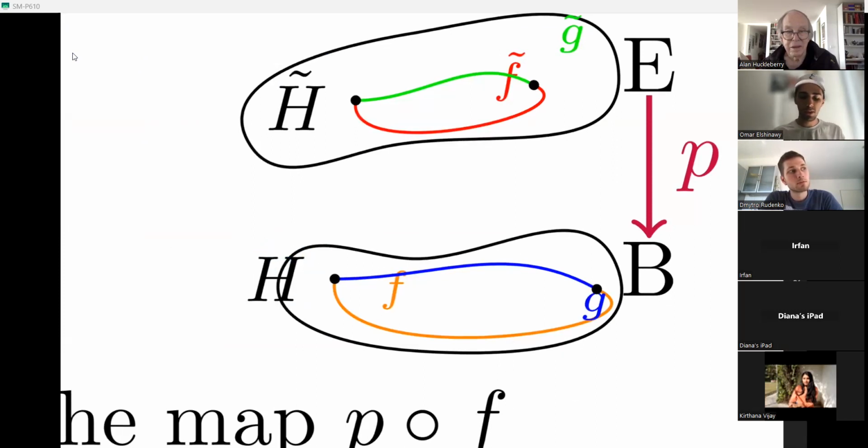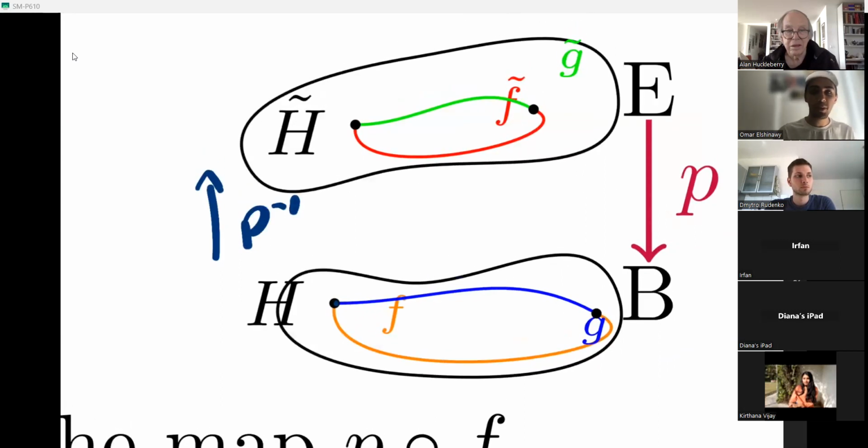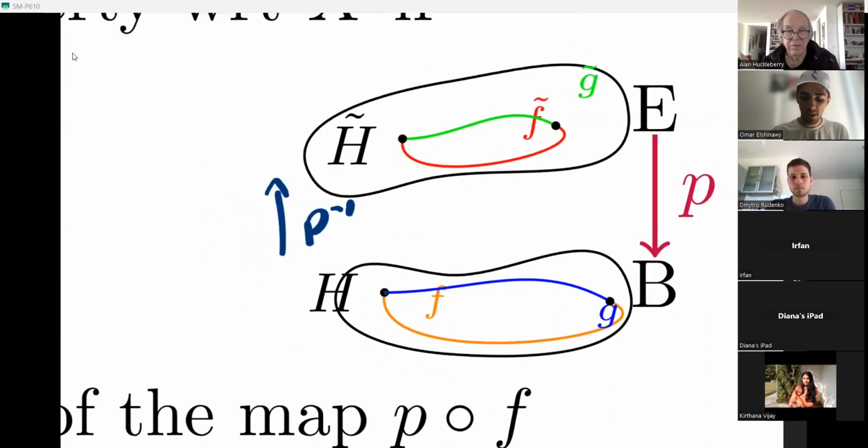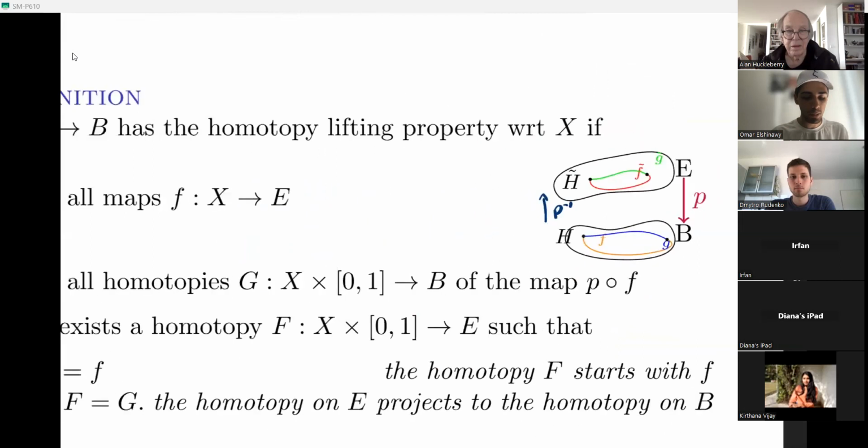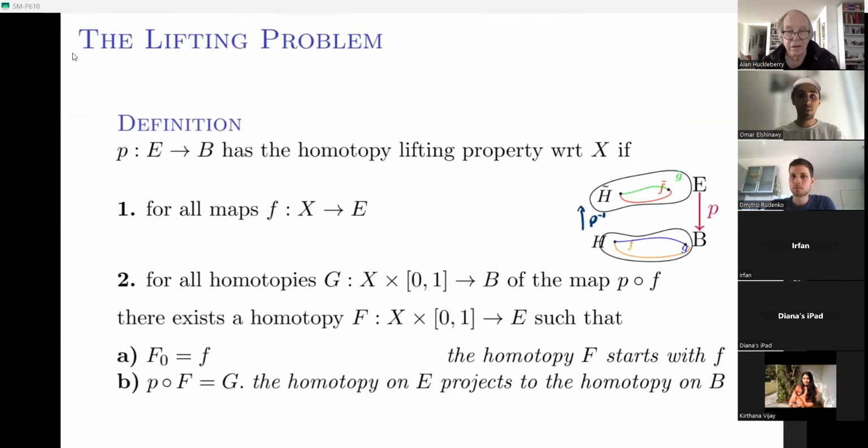One could ask the following question: if you have the homotopy and a map like F, and some homotopy G, is it possible to lift this homotopy to the other space? And the answer is, of course, this is not always the case, but for fibrations, this is by definition the defining property. And the defining property is the homotopy lifting property.